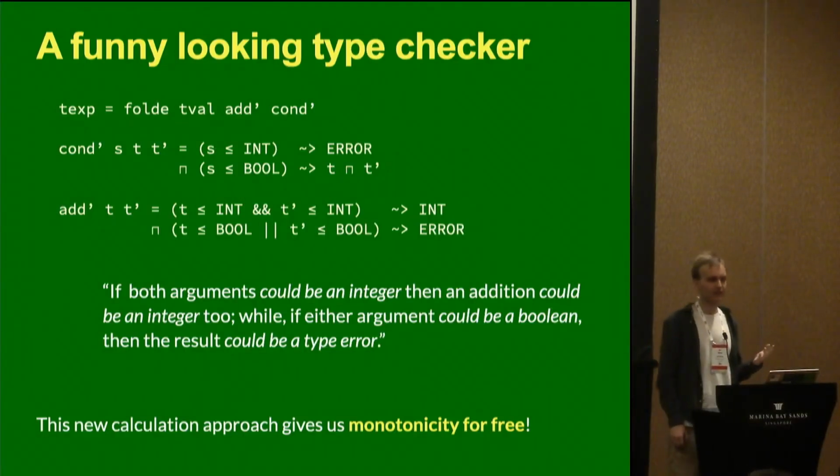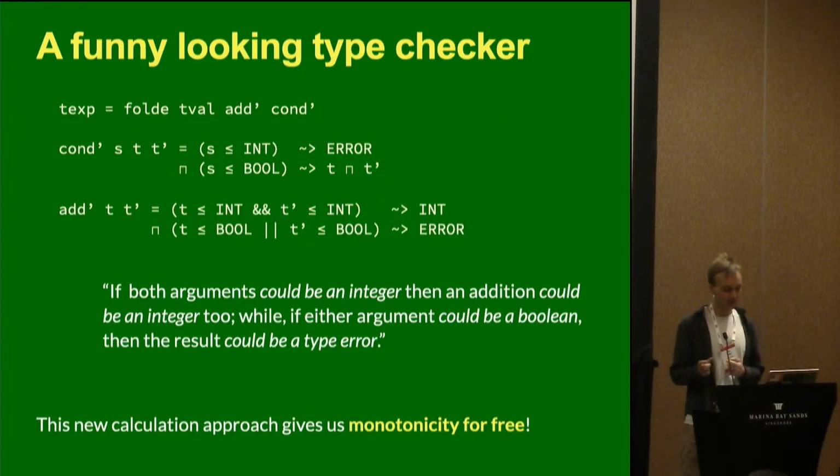You can kind of read this really as, if both arguments could be an integer, then the addition of them could be an integer. That's the first clause. On the other hand, if either of the arguments could be a Boolean, then the result is a type error. And I say is; technically speaking, this is could be a type error.